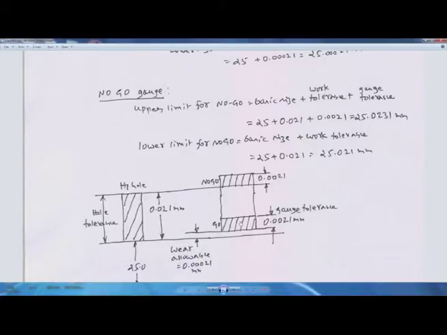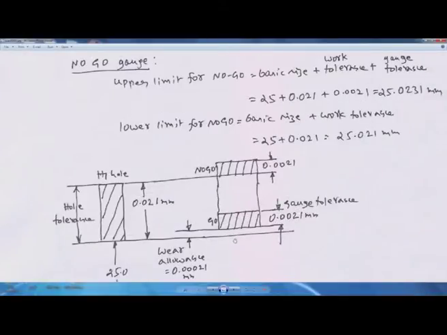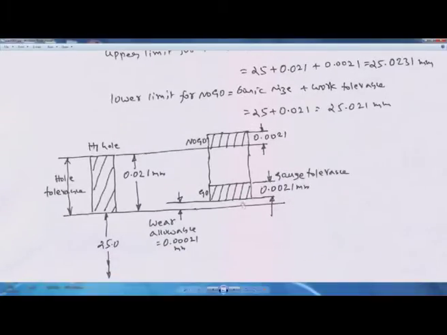So, the upper limit for the go gauge will be this one, and the lower limit will be equal to this basic size plus wear allowance. That means, this much tolerance is provided for the go gauge.